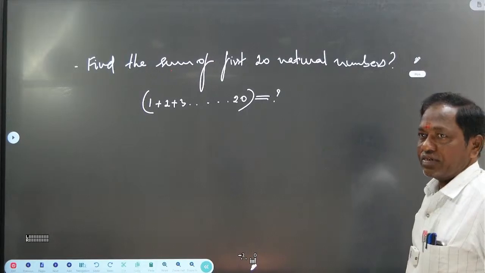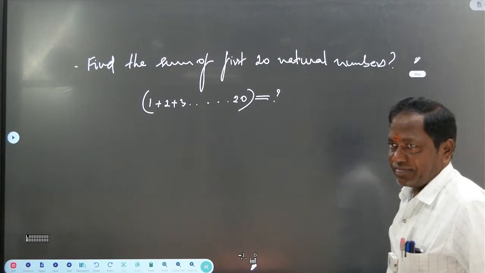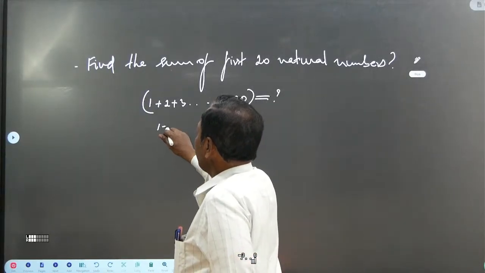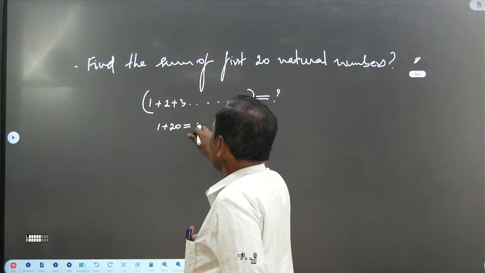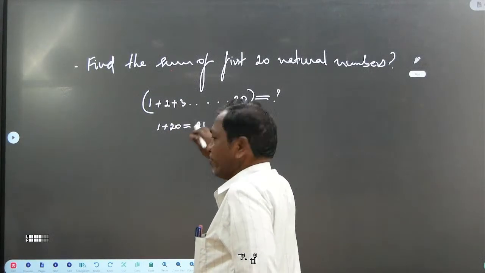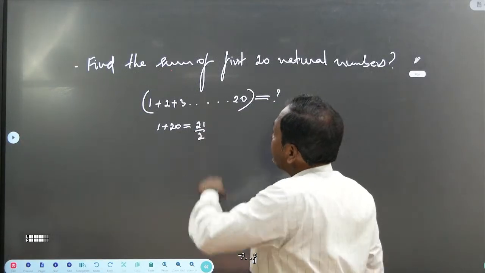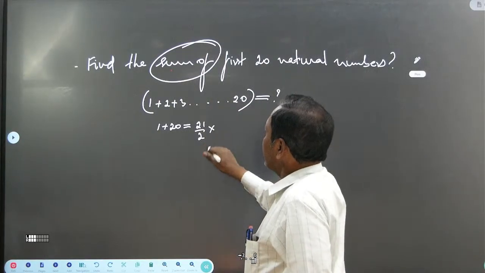This is the question. Now we can see these are consecutive numbers. First you can see the average: first number from the beginning and first number from the last, that is 21 by 2. You will get the average. Don't simplify it. We wanted to know the sum, that is average into number of observations.